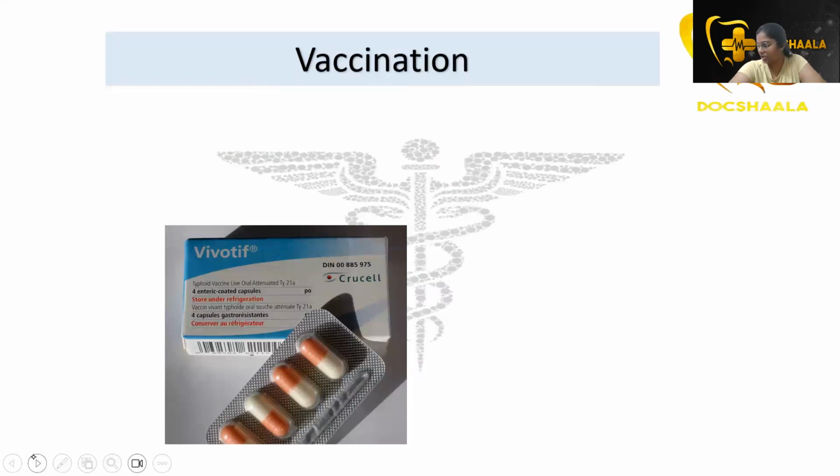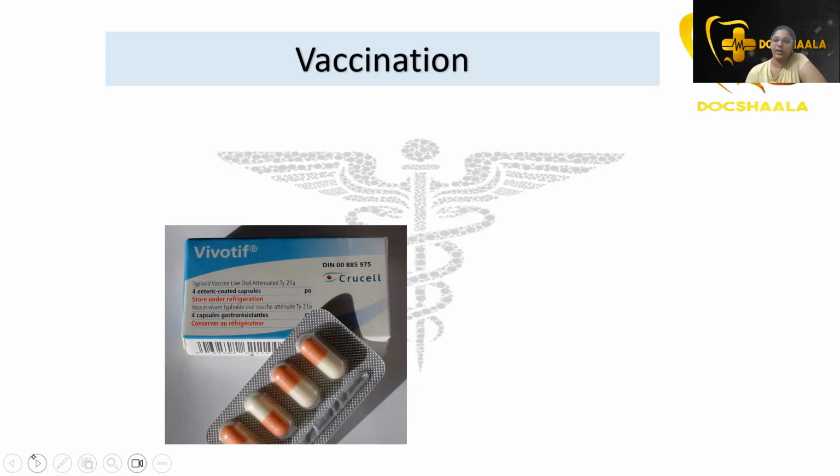Then, coming to the vaccinations that we have against typhoid. This is only when people come into contact with food and water, but it is like an epidemic in a few areas.